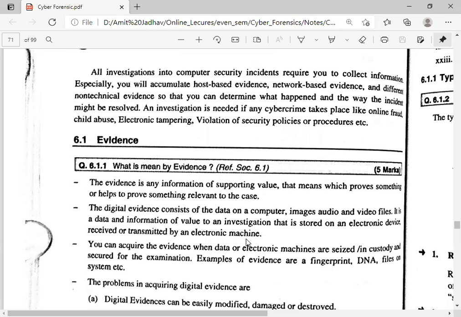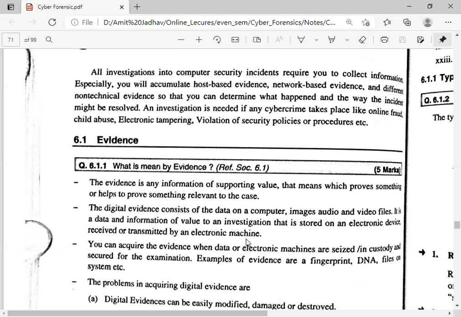Because we are concerned with cyber crime, we need to collect the digital evidence. The digital evidence consists of the data on a computer, images, audio, and video files. It is data and information of value to an investigation that is stored on an electronic device, received or transmitted by an electronic machine.